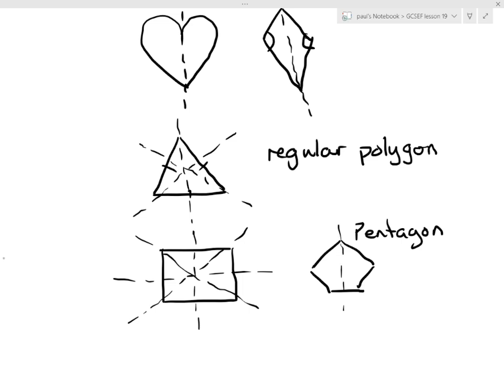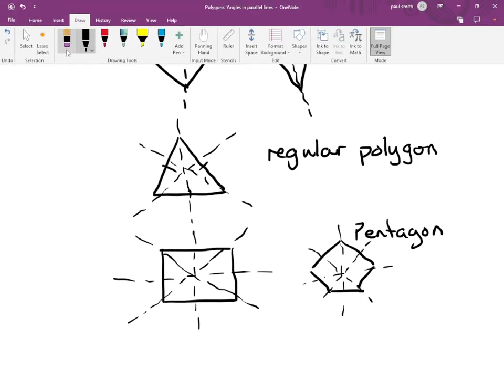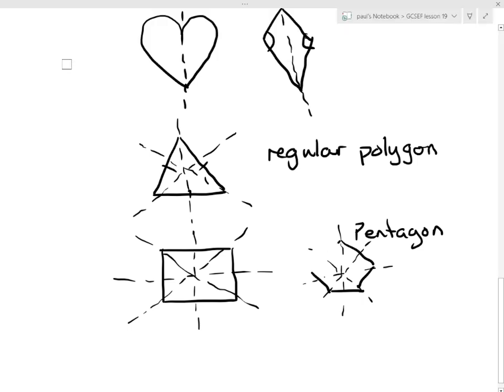So one, where are we going with this one? To the opposite side. It's two, I haven't drawn this very well, three, four, oh, it didn't quite match up because I didn't draw the shape very well in the first place.